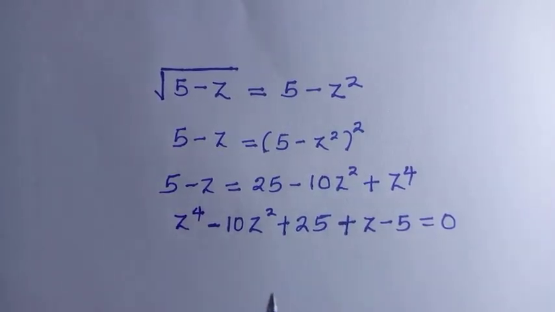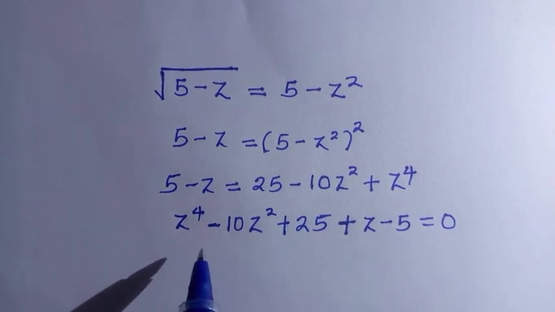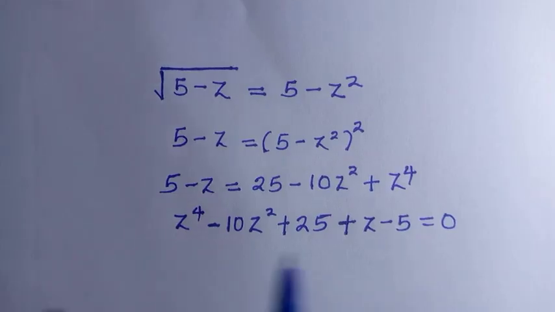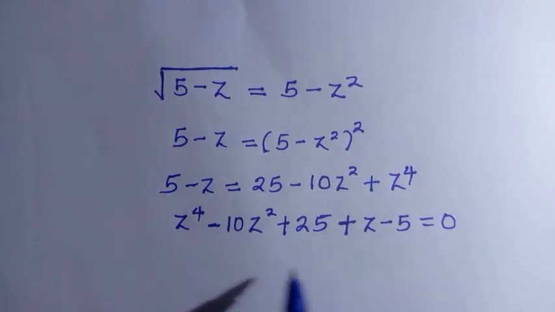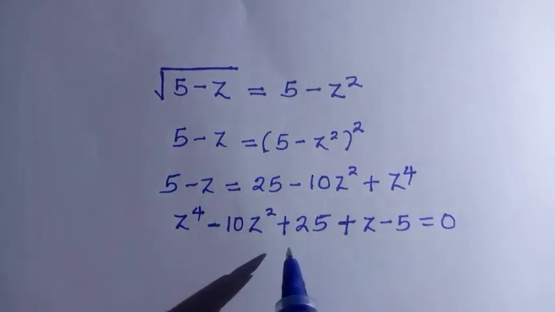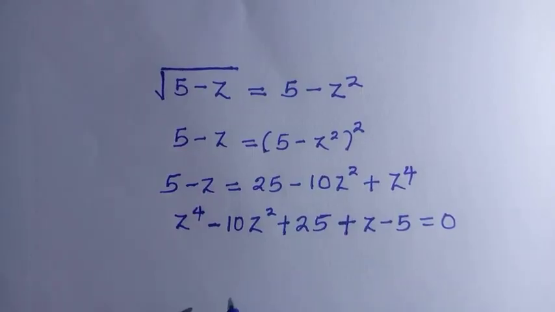And to save ourselves from stress, we are going to apply this trick, because what I'm going to do here is very simple. In our quadratic equation, what we always make the variable is the letter, not a number. But today I'm going to be showing you how we can use a number as a variable as well.